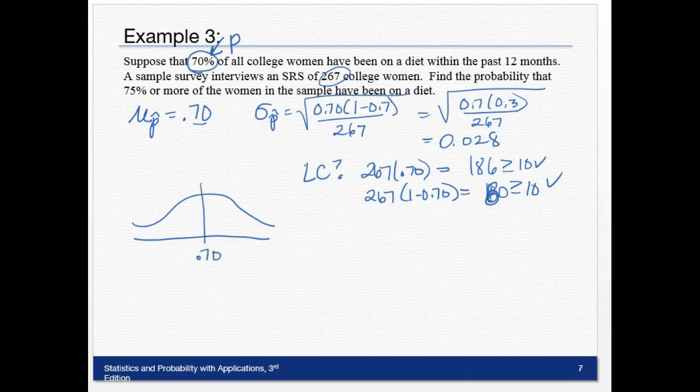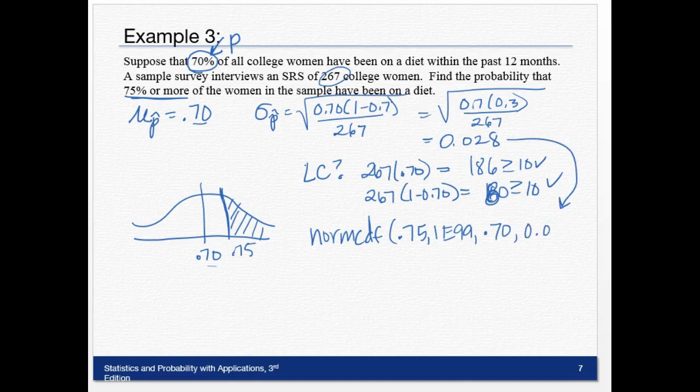Now we look at the rest of the question. It says find the probability that 75% or more of the women in the sample have been on a diet. So if this is 0.7, 0.75 is over here. It says or more, so I'm going to shade this way. Now we're back to our normal CDF function. Our lower bound is 0.75. Upper bound is positive infinity. Our mean is 0.70 and our standard deviation is what we calculated, 0.028.